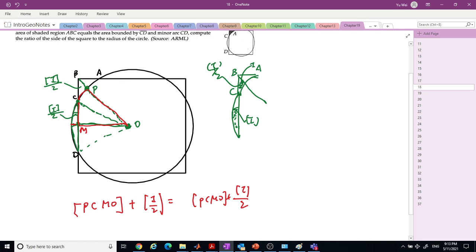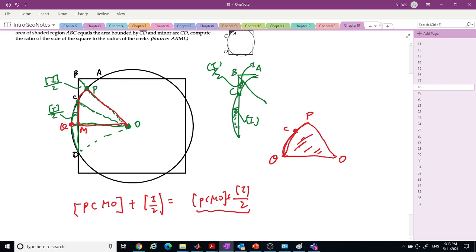That's this one, so we have a sector PQO, right?